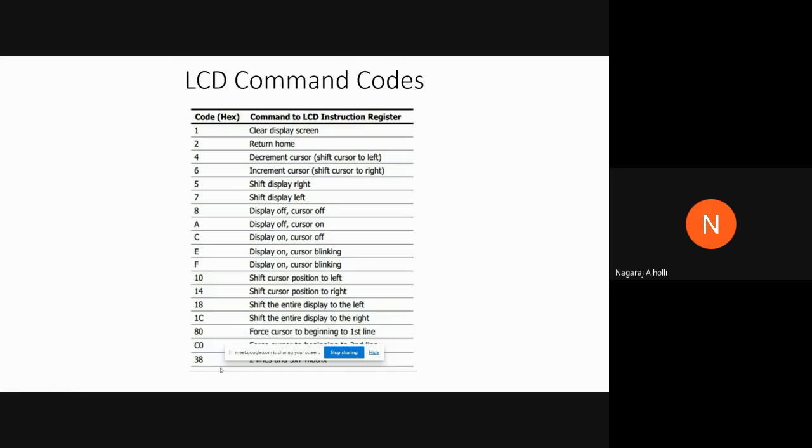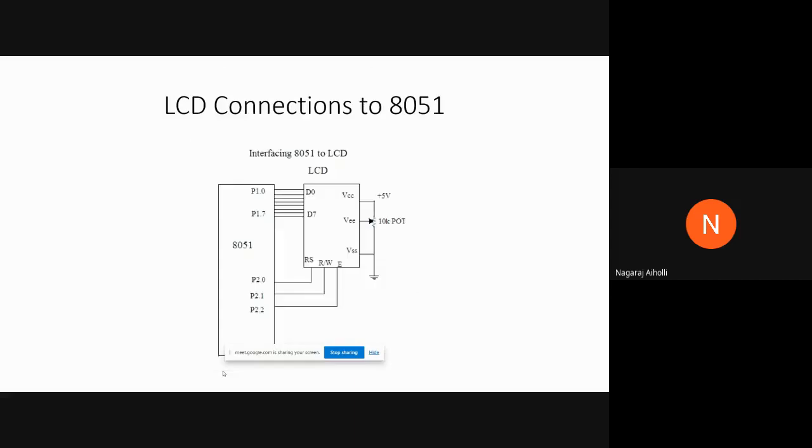Then 38 hex is two lines with a 5 cross 7 matrix, meaning 5 rows and 7 columns on the LCD display screen. That is the character display format of the LCD. Let us see the interfacing between the LCD and the 8051 microcontroller.